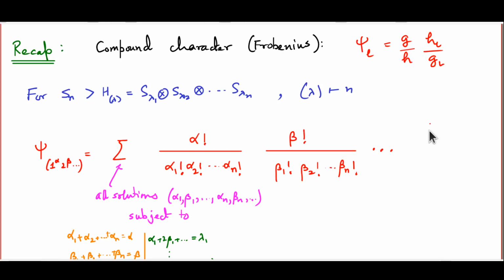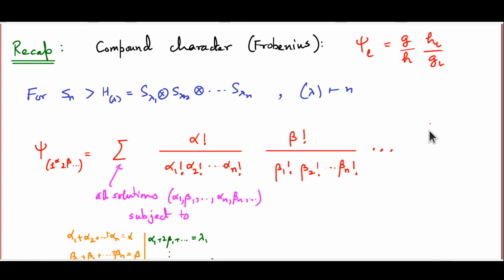Now, we also saw in the last lecture that we could use this simple formula to provide us enough compound characters to completely build up the character table for the group Sn, and for that we made use of this series of subgroups.